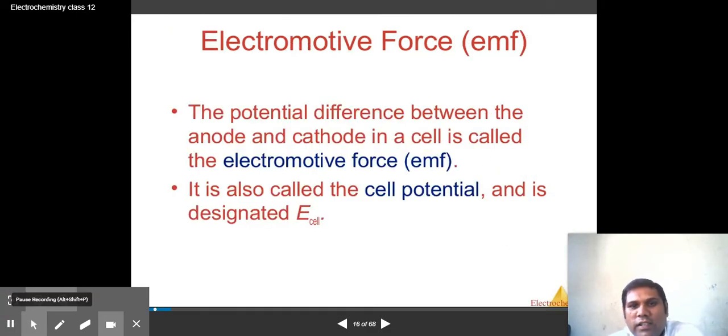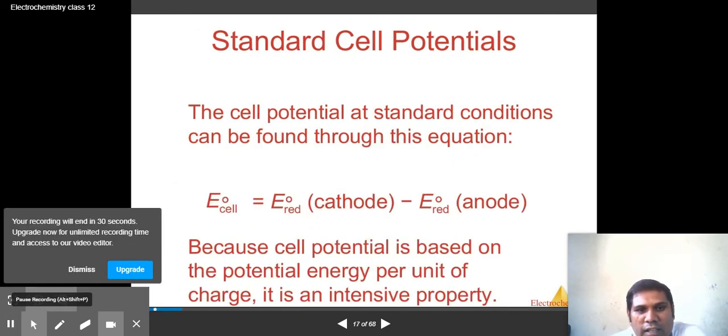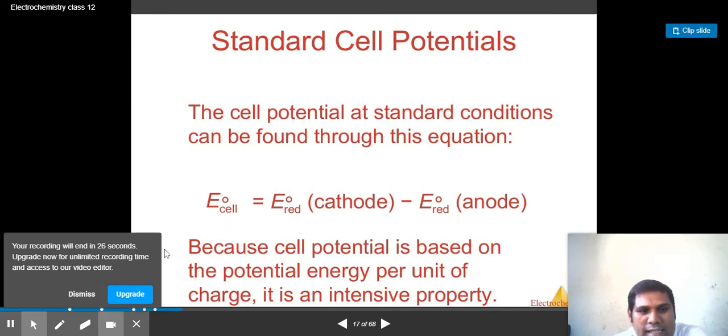Now we'll see what is the cell potential and electromotive force, that is EMF. The potential difference between the anode and the cathode in a cell is called electromotive force. It is also called cell potential and it is designated as E cell. The standard cell potential formula is given.